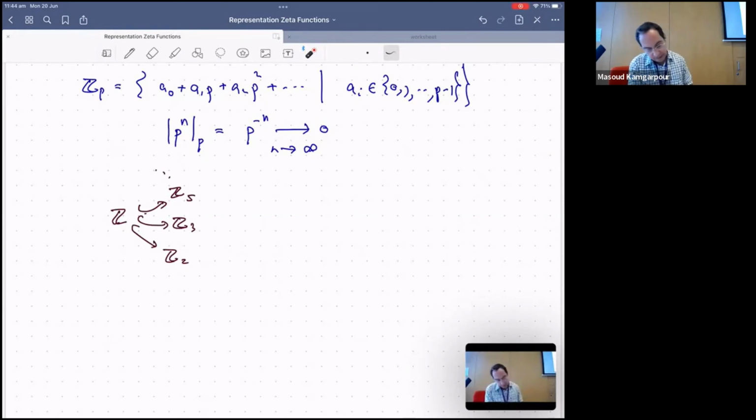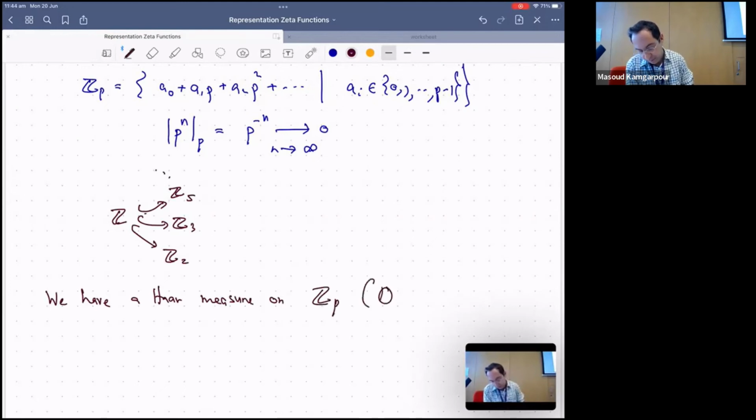So we have a Haar measure on Zp or Qp when we think about it additively. So this is a locally compact group, Qp, with respect to addition.